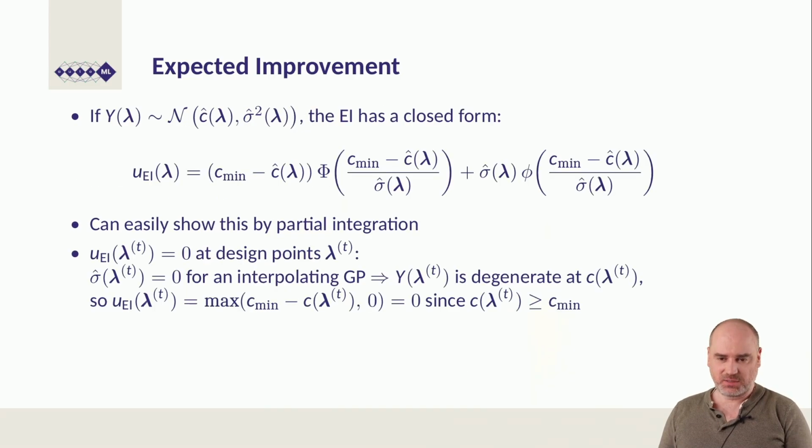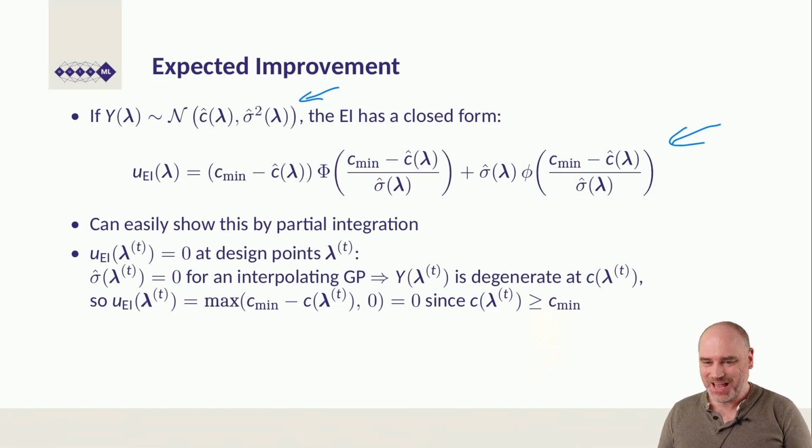In a certain sense, it becomes even nicer, because if you look at this posterior distribution and compute the expectation of this clipped value in this tail, you can very easily show that you get an analytic formula for expected improvement, which I've put here on the slide.